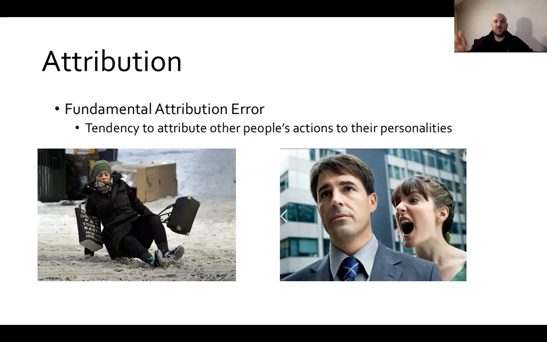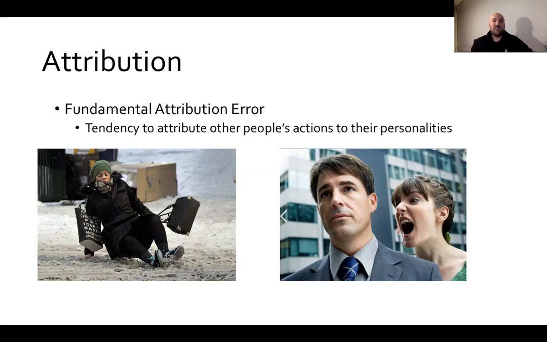You make an attribution based on their personality, their disposition, they're a clumsy person. But if you're the one that slips, it's like, oh, I slipped because there's a wet spot right here. Or I slipped because my shoes don't have a whole lot of grip. Or I slipped because I was distracted because my phone was vibrating in my pocket. Someone was calling me at this exact same time that I made a step. Notice that difference in attribution. You slipped because of all of the situational things that you're aware of. But when you see someone else slip, it's because they're clumsy.